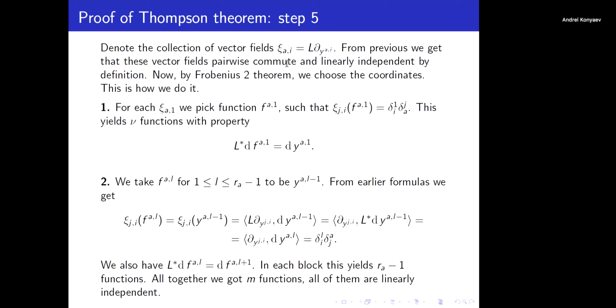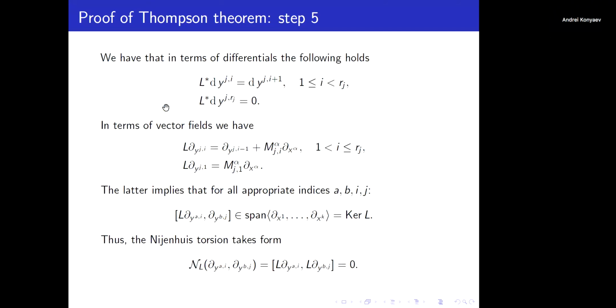Now we're almost exactly in the previous situation. We have a collection of commuting vector fields. Now we need to choose a coordinate system for these vector fields. We do it in 4 steps. In step 1, we pick coordinate functions for these vector fields, for the vector fields with this number. It means that in each block we take the first vector field, right?